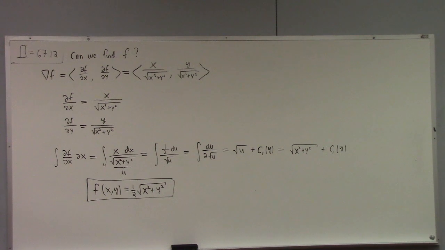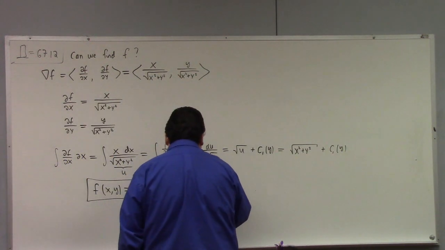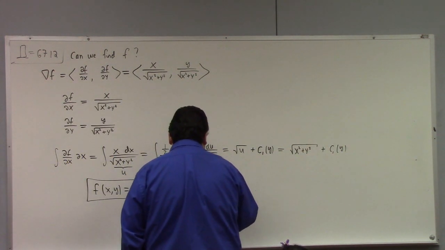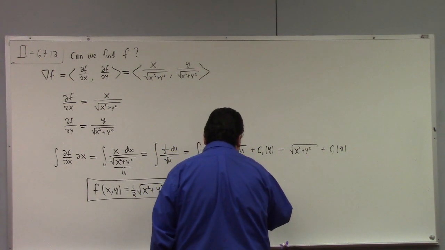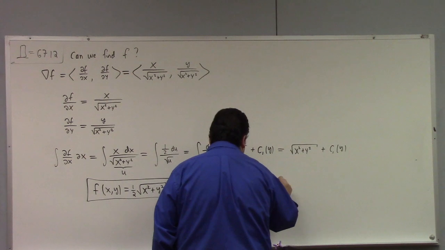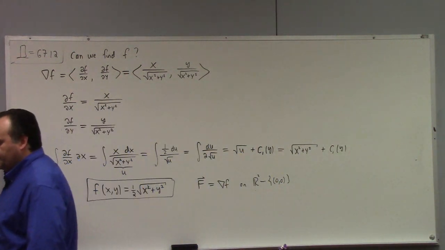At 0, you've got square root of 0, which is kind of like a vertical tangent from every direction. So the origin is out, but that's okay, because you can see that we have F is equal to the gradient of little f on R2 minus the origin, right? So let me tell you what this all means.